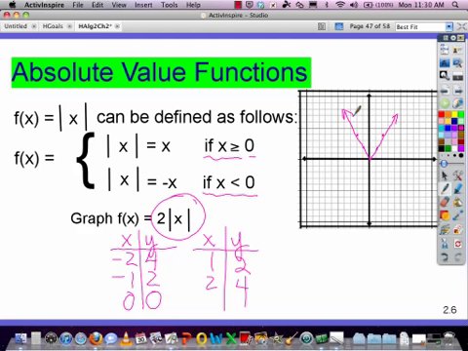And probably the thing to remember mostly with absolute value is when you say absolute value, think of that as a big V, because you only have upward or downwards V's when you graph. So absolute value, when you graph those, you should always be looking at some sort of V.